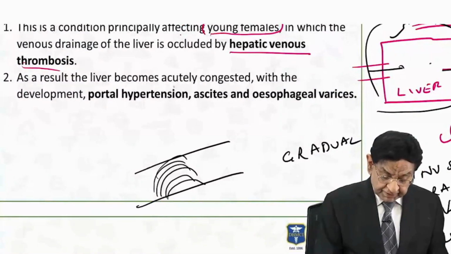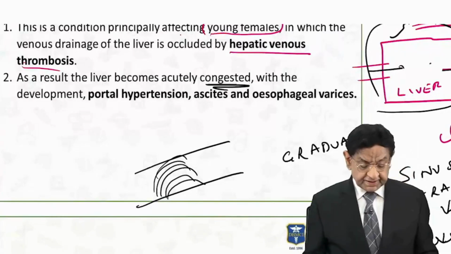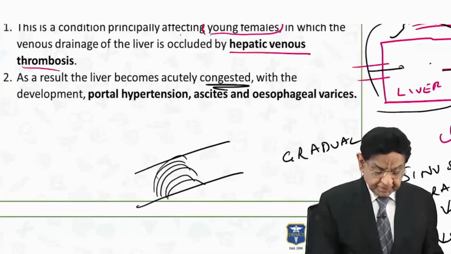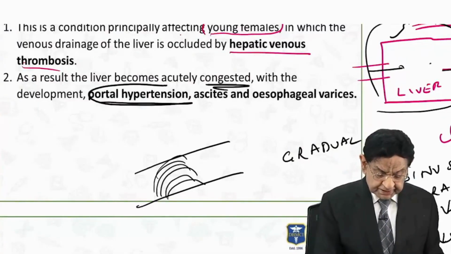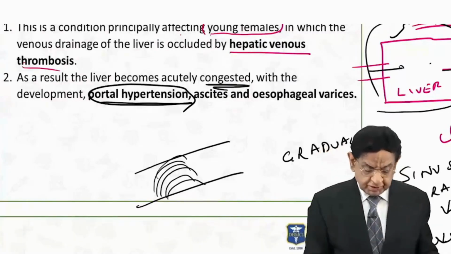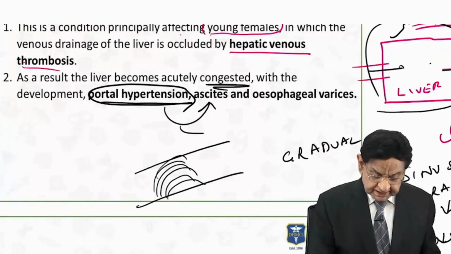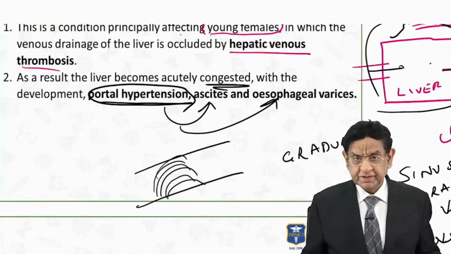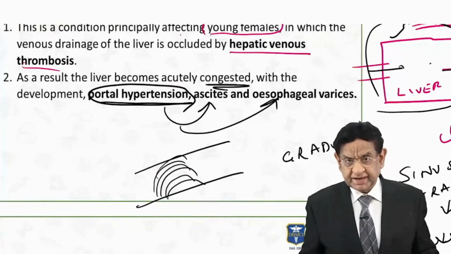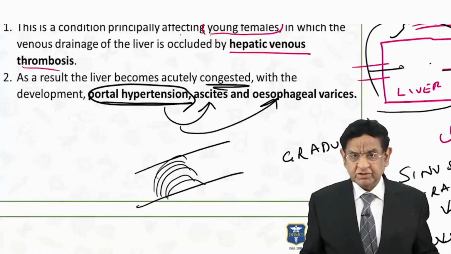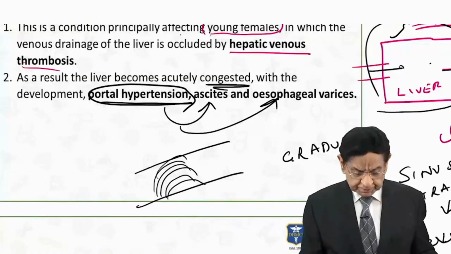So the liver will be congested definitely, and especially in long-standing cases, the patient will develop portal hypertension. If portal hypertension develops, now I don't need to tell you, the patient will develop ascites as well as esophageal varices, right. So additional findings like varices are more likely to be seen in chronic, slowly developing obstruction.